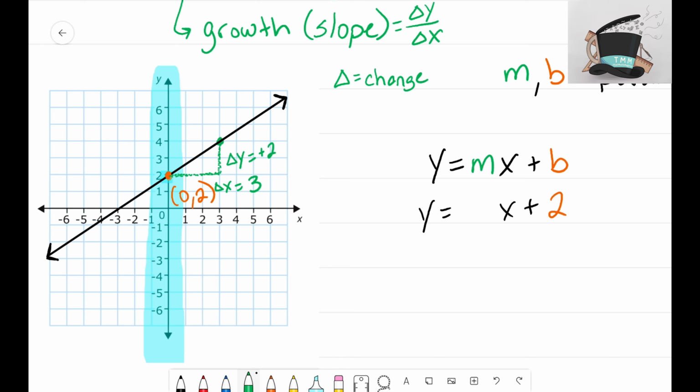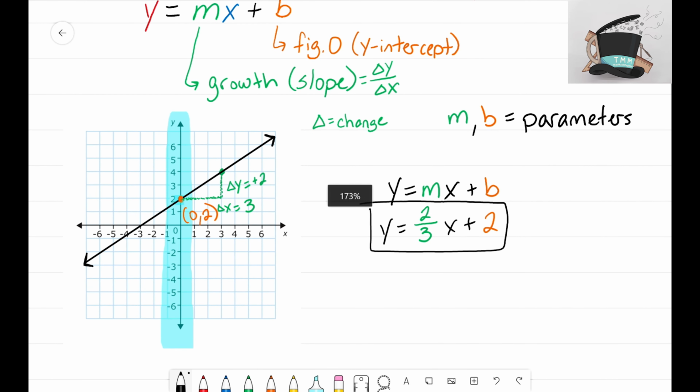Okay? So when I'm developing my slope here, the slope will always be a fraction of your delta y over your delta x. Well, my delta y here has a value of +2, and a value of 3 on the bottom. And that is the equation for this line.